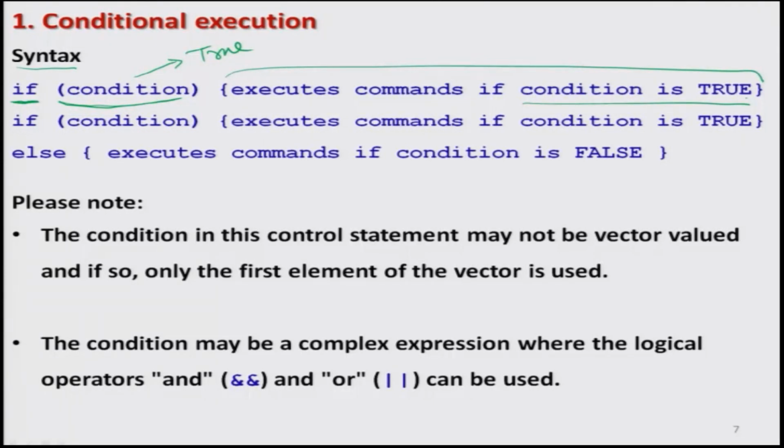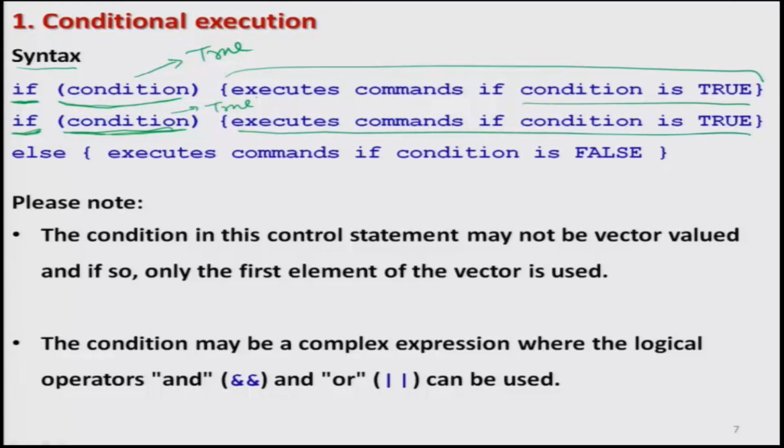And in case there is another condition, then I will continue writing here: if, and then here I will write down another condition, and here I will write down the command that has to be executed when this condition is true.